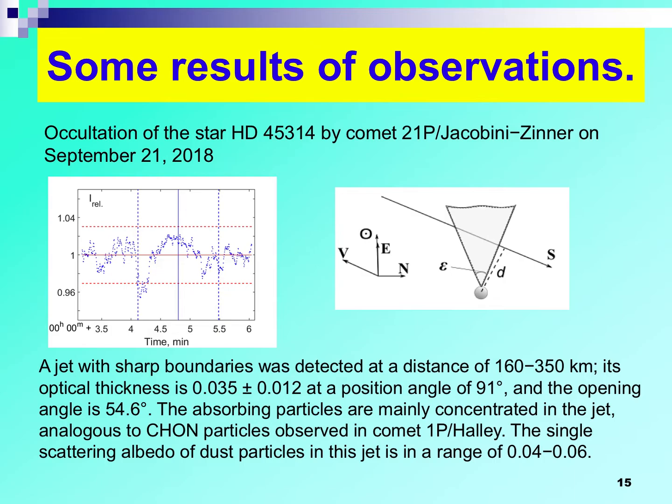From the form of the stellar brightness decrease, in the form of a gap in the morphological features of the comet image, it was concluded that the light weakening was caused by the passage of the star through the jet, which contains CHON particles.